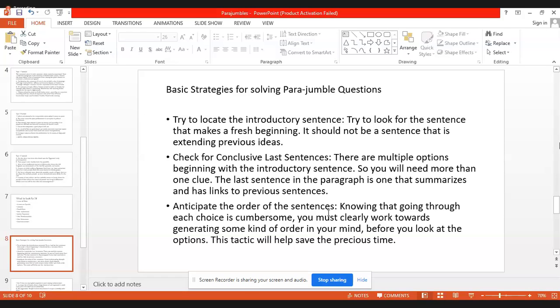And sentence A says, on the other hand, it also has the maximum number of people living below the poverty line. Right? So now there's a contrast. On one hand, you have this. On the other hand, you have this. So we know for sure that these two sentences make a mandatory pair, a compulsory pair. Sentence A has to follow sentence B. First you say on one hand, then you'll say on the other hand. So the two mandatorily form a pair.